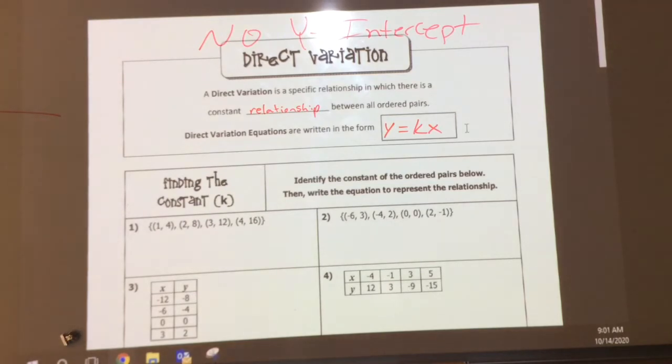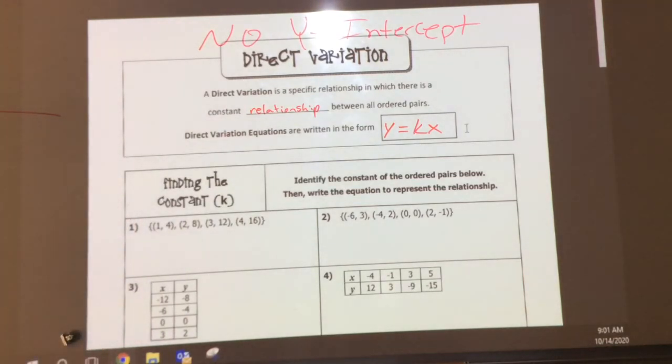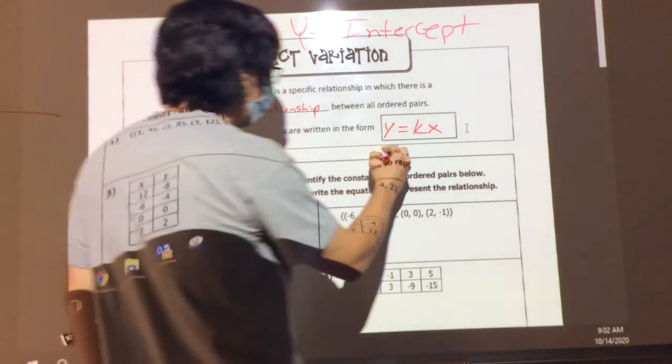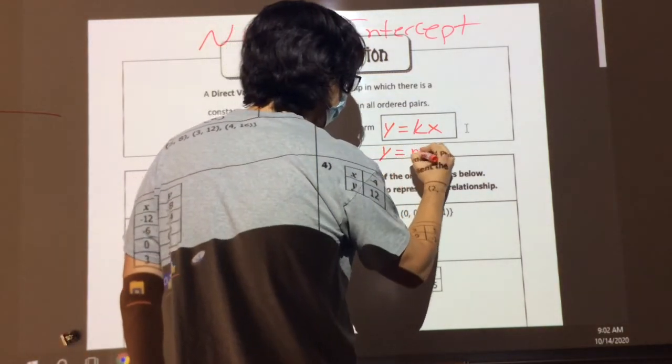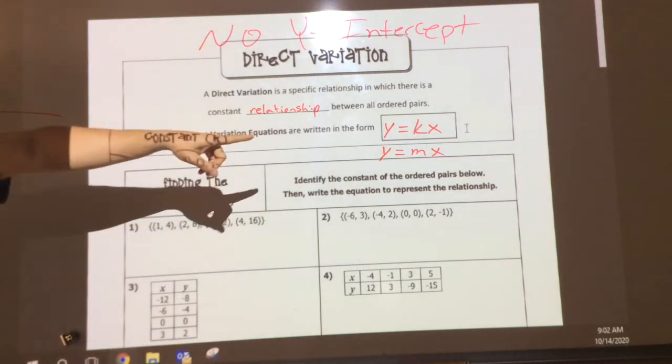Okay? Now, y equals the constant times x. Where does that look familiar from? Where have we seen something similar to y equals kx before? Zandon? Y equals mx plus b. So what I'm telling you is that this could also say y equals mx. Once again, no y-intercept.